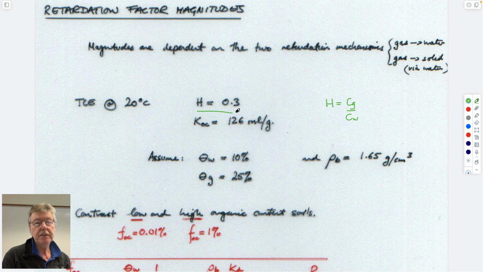If we take a value for this for TCE and an organic carbon partition coefficient, we'd need a fraction of organic carbon, a bulk density, a volumetric moisture content and a volumetric gas content. So these must mean that the porosity is, don't tell me.